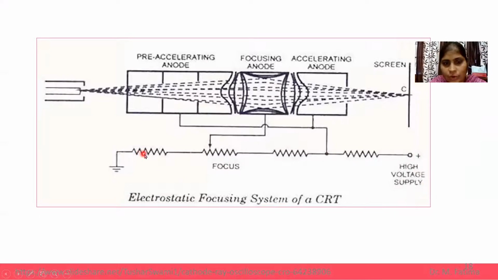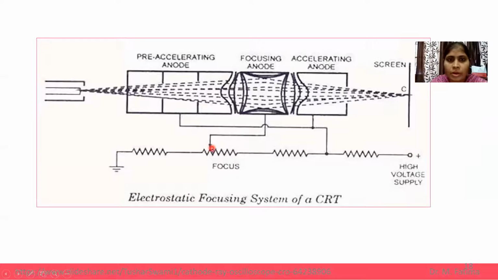The potential across this resistance and this resistance is provided to the pre-accelerating anode as well as to the accelerating anode. So the pre-accelerating and accelerating anodes are connected to the same potential, and the focusing anode is connected on the lower potential side.